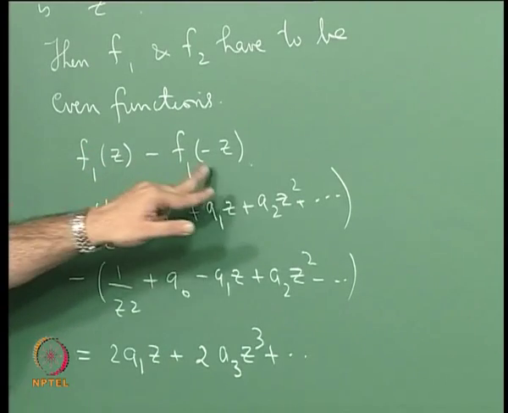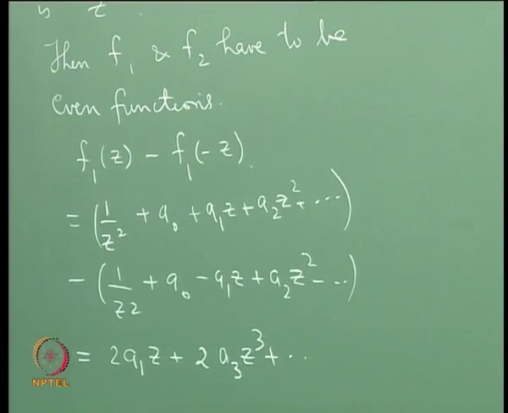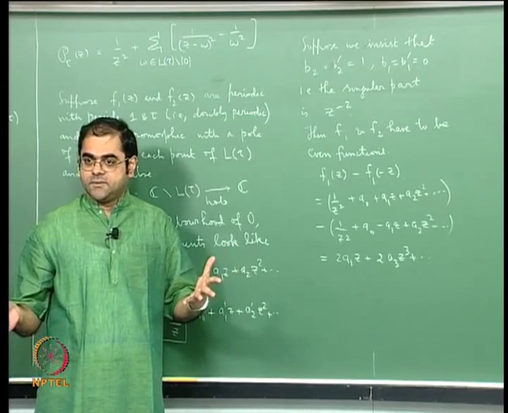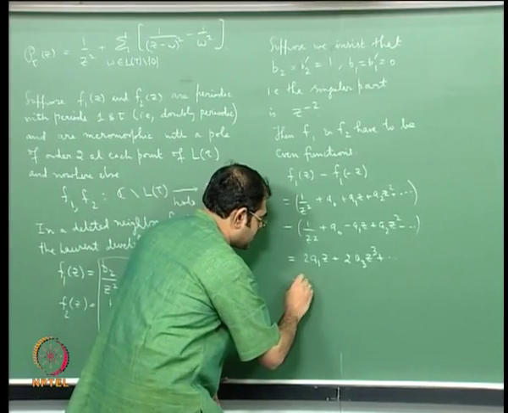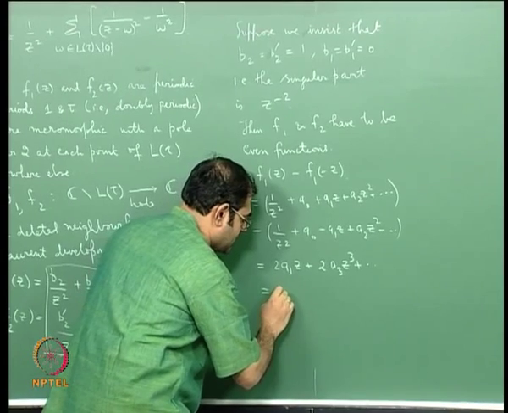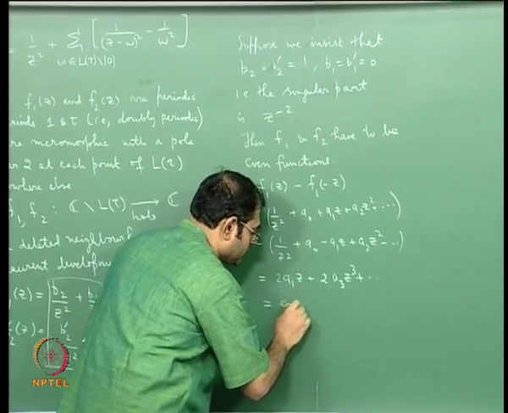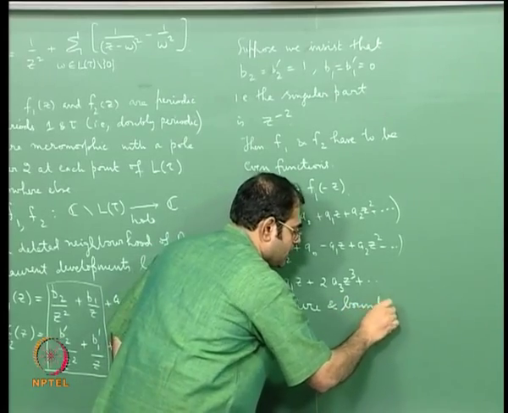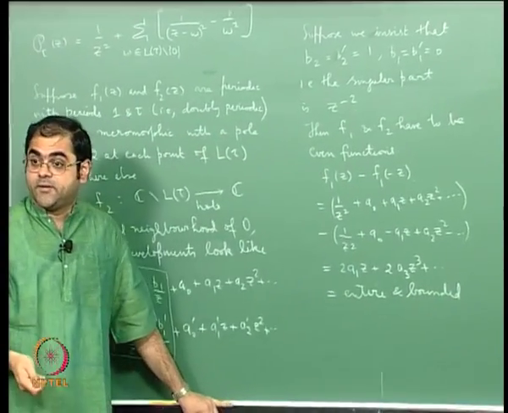So therefore this difference becomes an entire function, alright, which is doubly periodic, and it has to be a constant again by Liouville's theorem. This is entire and bounded. The boundedness comes from the doubly periodic nature.